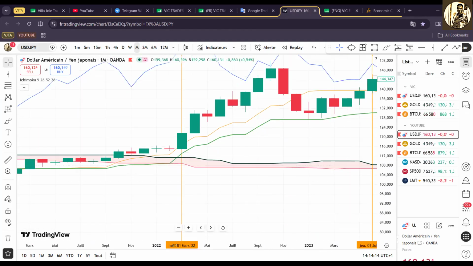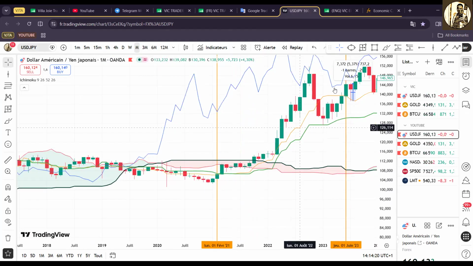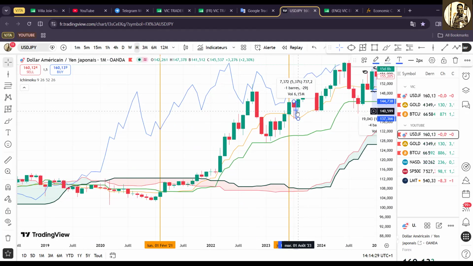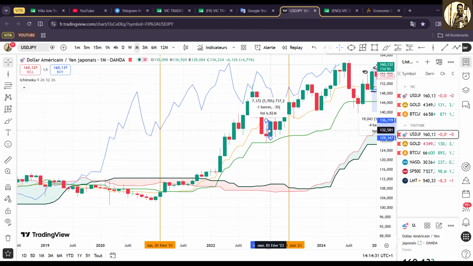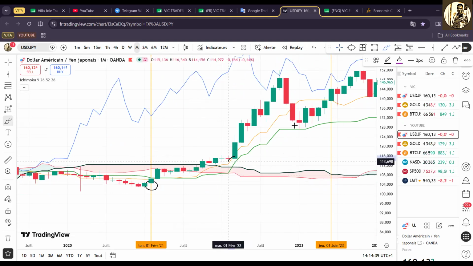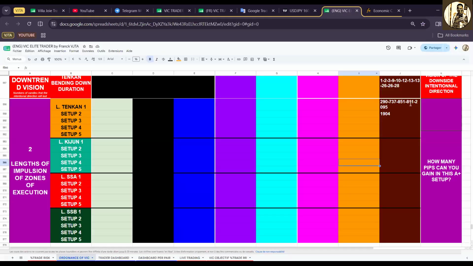Now for this whole option like this, we have to count how many Tenkan touches are in between. This one is the first touch, the second touch, and then the third touch here. So we take from this point to this high, 1060, which is for the first setup.